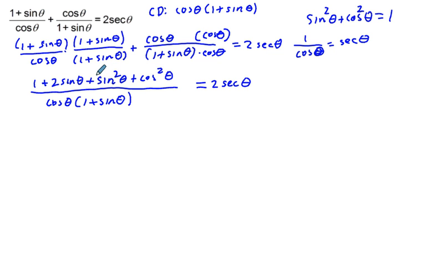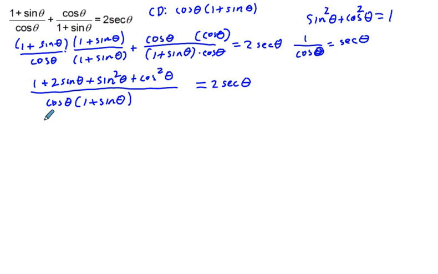Now, do you notice something here? You should. What do we have here? Well, we have this sine squared theta plus cosine squared theta, so that's going to be what? 1.